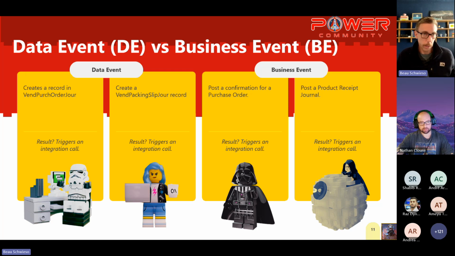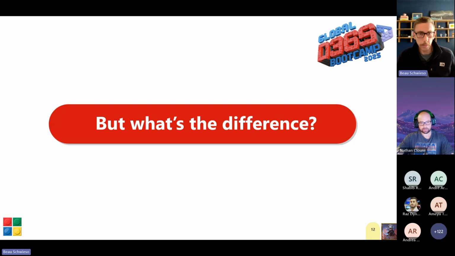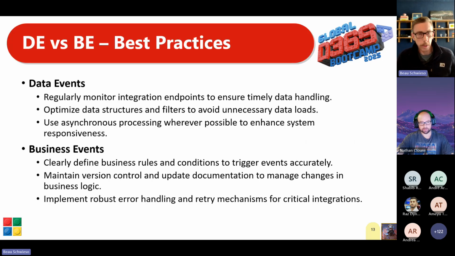Whether we're creating this record through the front end or the back end: in the front end, in this example, we're actually pressing buttons that create those records. And in the back end, we're either doing this through a run method or through a different call, through chain of command or what have you. So what's the difference? Let's talk about that.